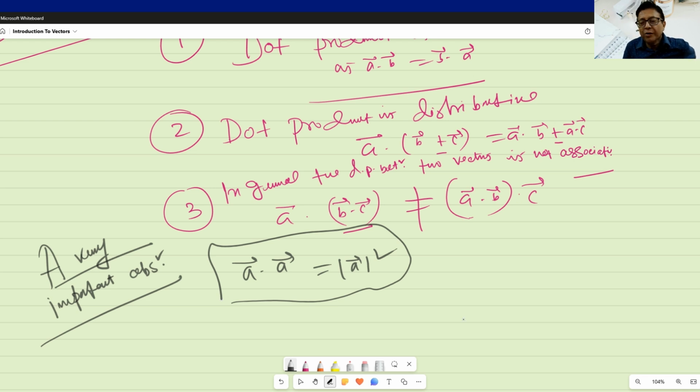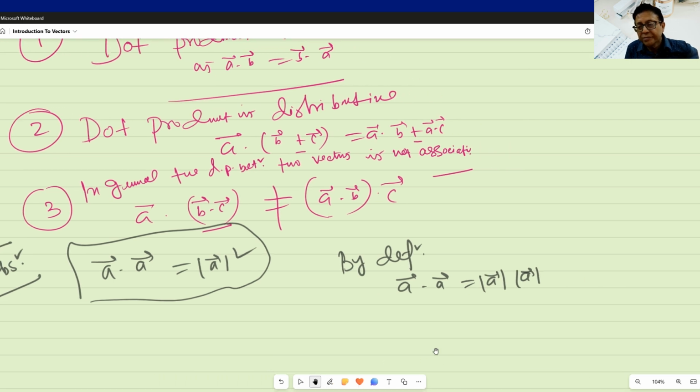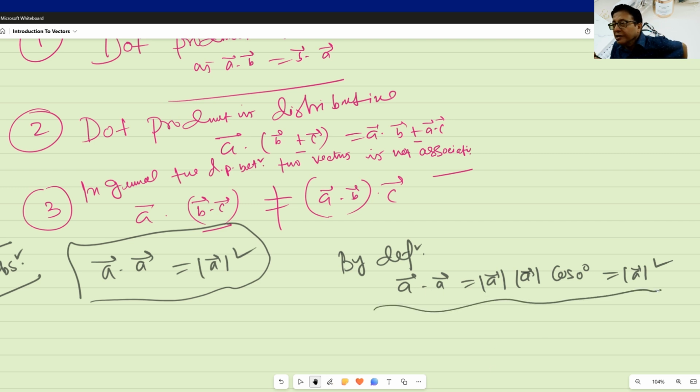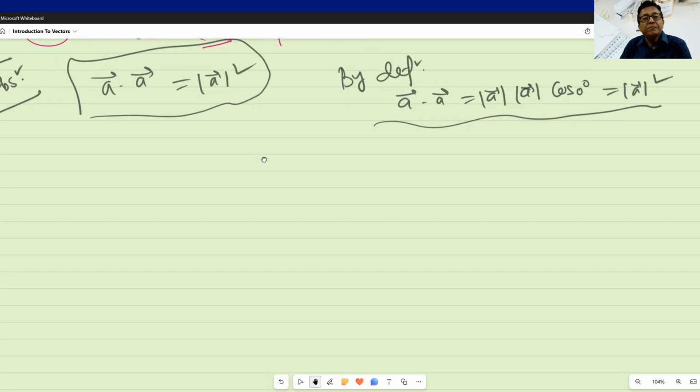Why? Because A dot A by definition is mod A mod A cos 0 degree, isn't it? So it is mod A square. So A dot A we will always write as mod A square.